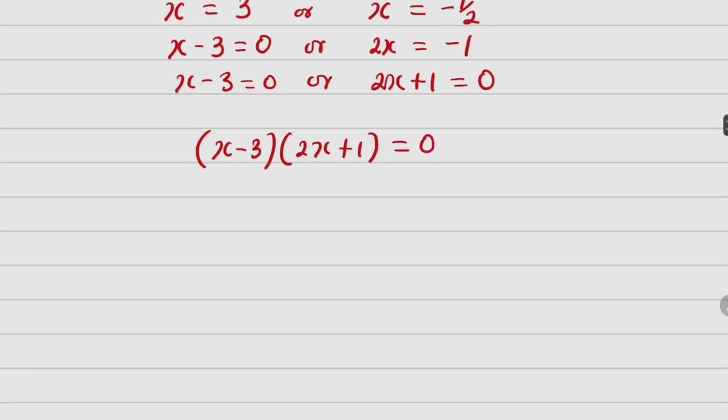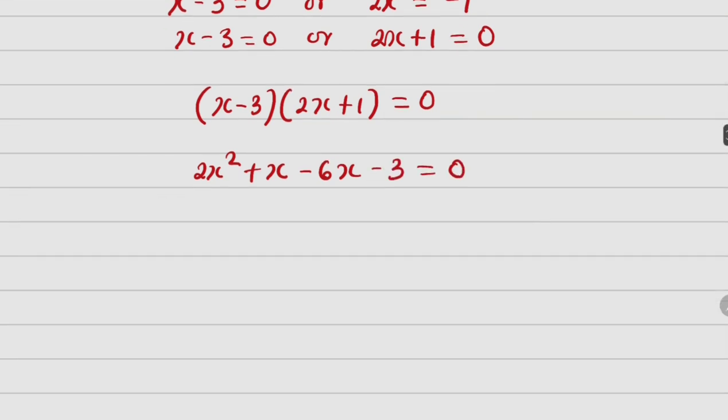So expanding it, x times 2x gives me 2x squared. Then x times 1, I have x, then minus 6x, then minus 3 equals 0. So what I have here will be 2x squared minus 5x minus 3 equals 0.